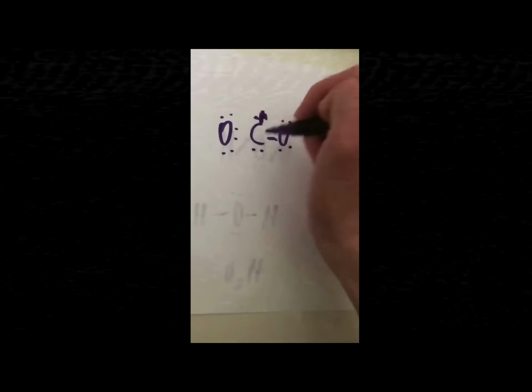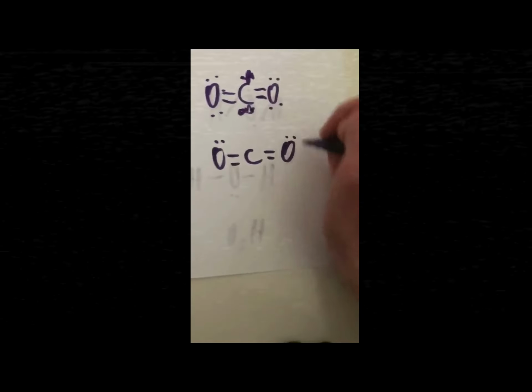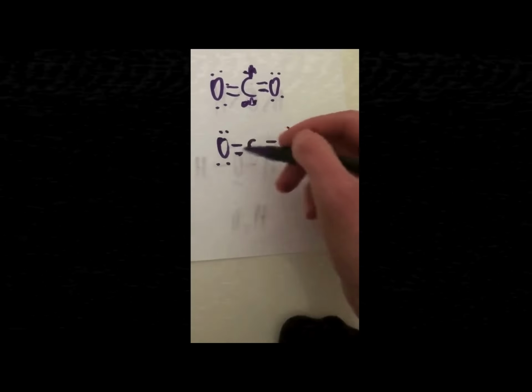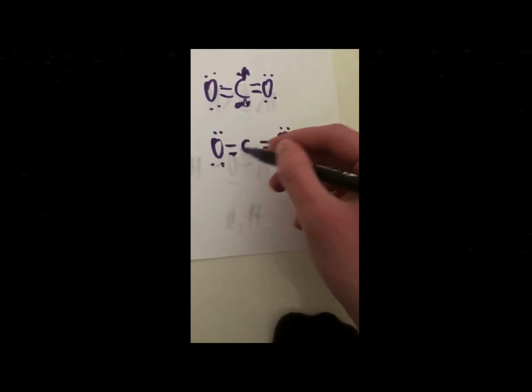So we do another oxygen, and we cross those out and add more bonds. So the properly written one would be that. Each of these lines is 2 electrons. So this oxygen has 8: 1, 2, 3, 4, 5, 6, 7, 8. This carbon also has 8: 2, 4, 6, 8. You know, it's science.